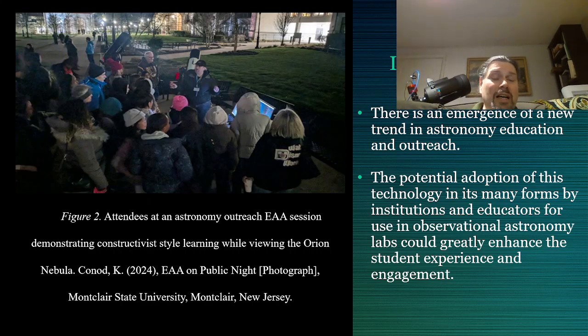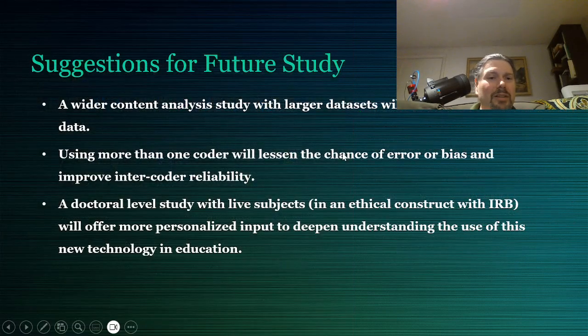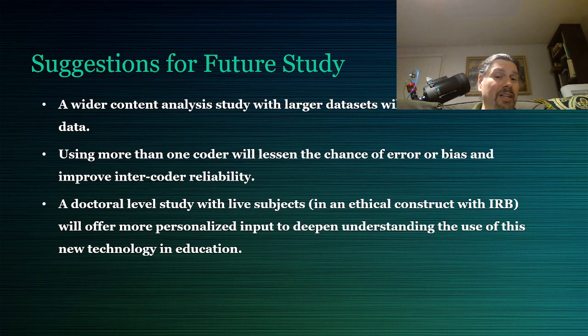So again, more needs to be studied, perhaps a live study. Again, going into that suggestion, future study. Probably the next step is a wider content analysis, with larger data sets than we used for this initial exploratory study.